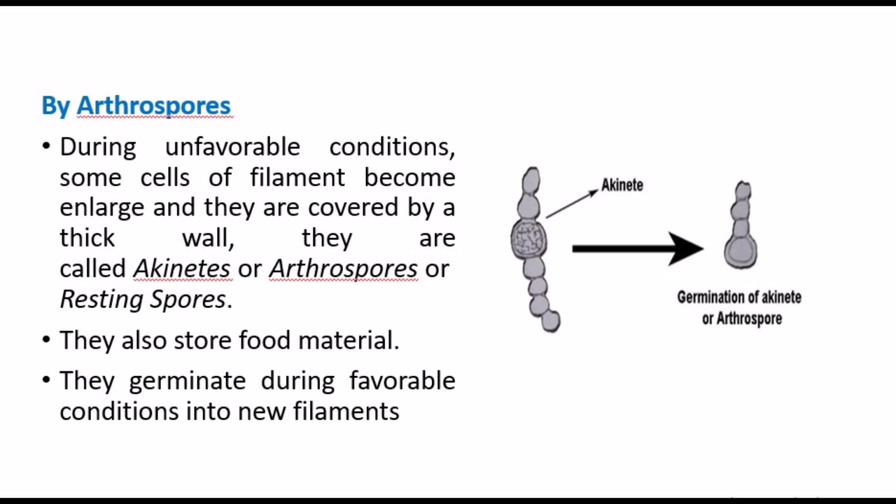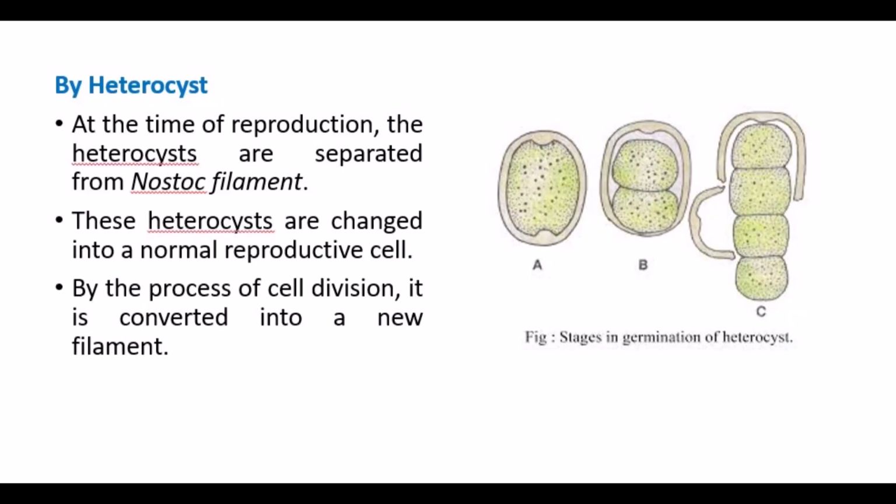On the onset of favorable conditions, they germinate into new filaments. Heterocysts are also a method of reproduction where they separate from the filament, and a normal heterocyst can become a reproductive cell, and by the process of cell division may get converted into a new filament.